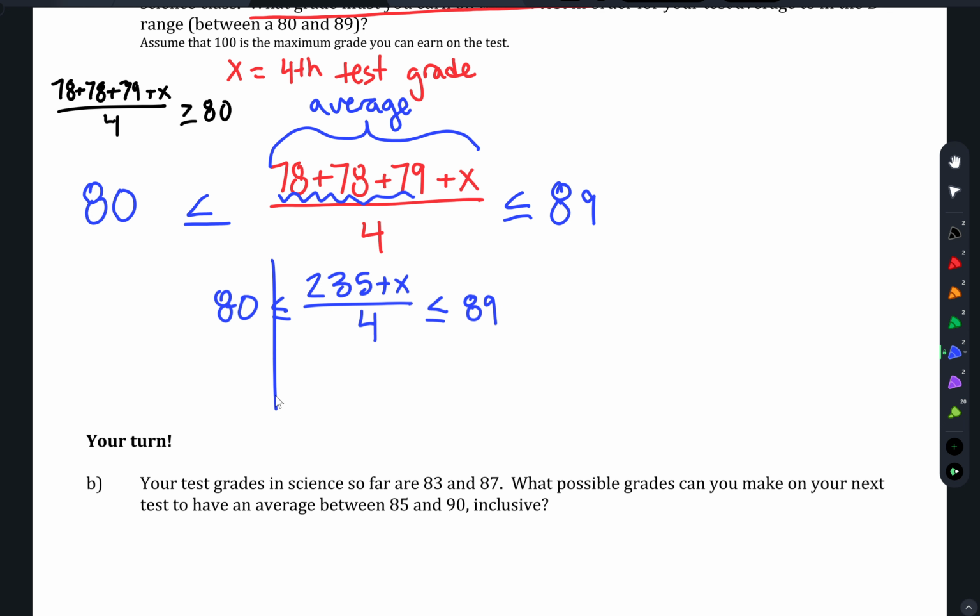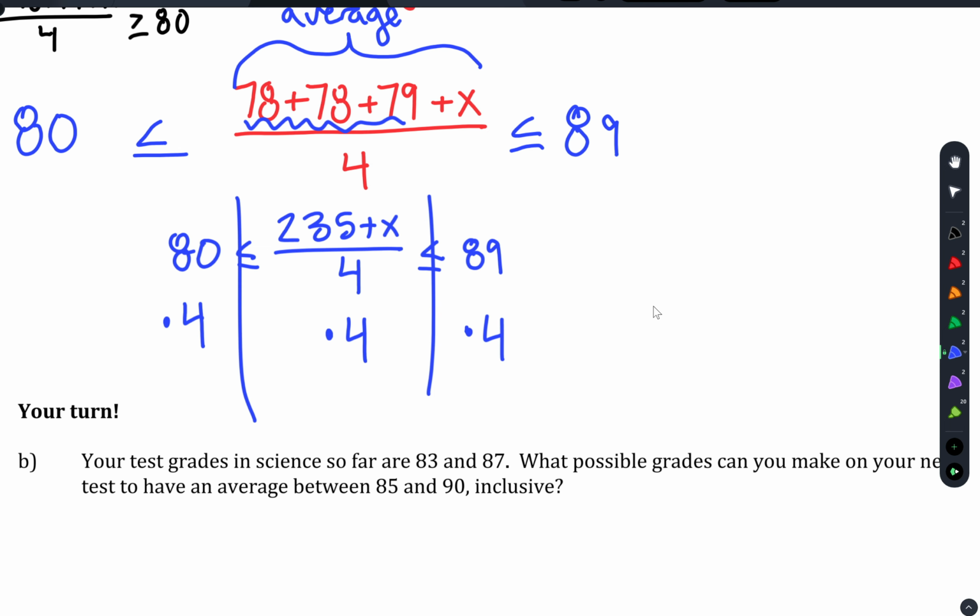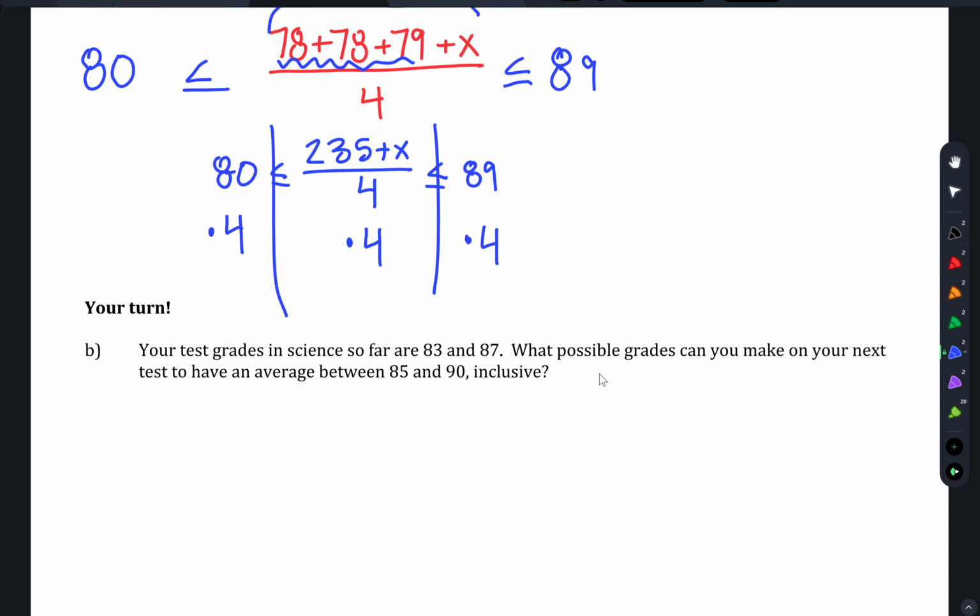And then, just like Adriana said, we're going to multiply by 4. And what I do to the inside, I'm doing to all 3 pieces here. Oh my goodness. What is that? 356.